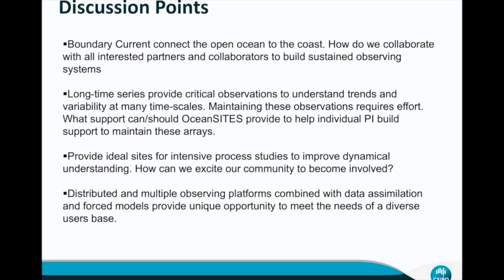We were asked to think about what do we think Ocean Sites will look like in the 10-year plan. I think we really have to be very conscious that we need to put systems in place that meet a lot of users' requirements, and that for me they're not always going to necessarily be moorings, and we should be thinking about how our moorings connect to other types of observational platforms and think about that distributed array.